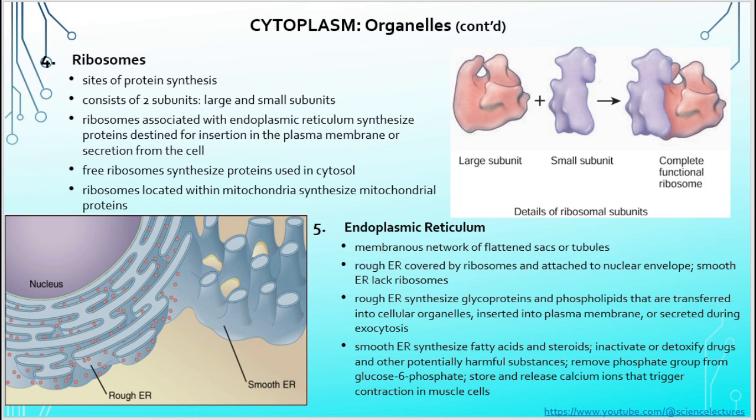It is so extensive that it constitutes more than half of the membranous surfaces within the cytoplasm of most cells. Cells contain two distinct forms of endoplasmic reticulum which differ in structure and function. The rough endoplasmic reticulum is continuous with the nuclear membrane and is usually folded into a series of flattened sacs.